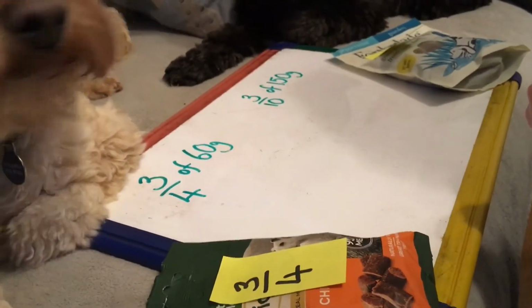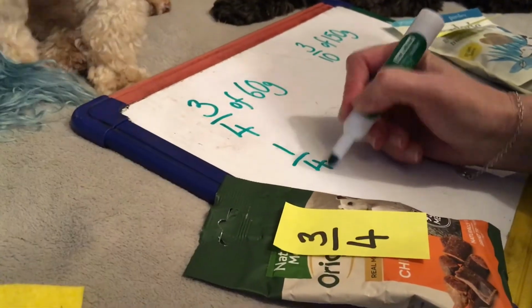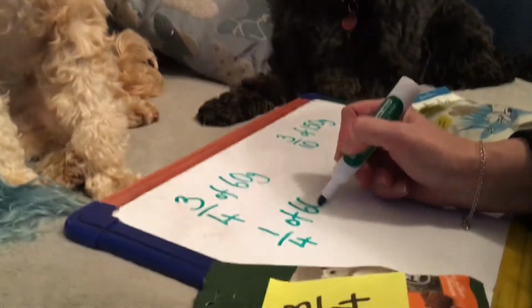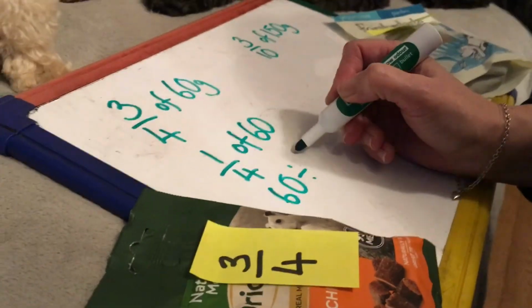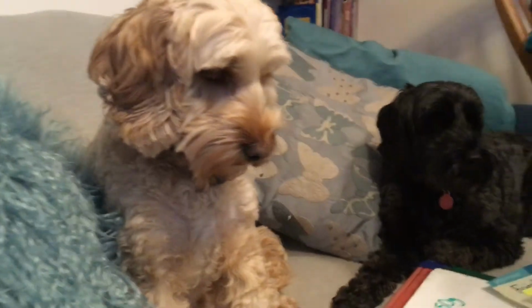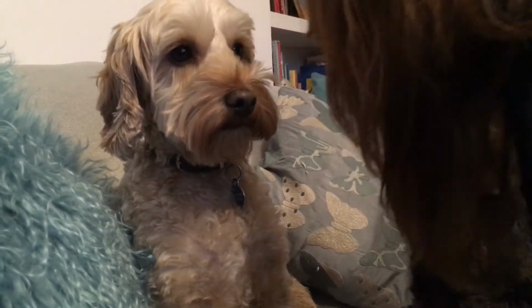Okay, so 3/4 of 60. So I've got to find 1/4 first of all. 1/4 of 60 is the same as dividing 60 by 4. And I wonder, Ginny, can you remember a quick way of dividing a number by 4 or finding 1/4 of a number? I'm just going to ask her. Yep.